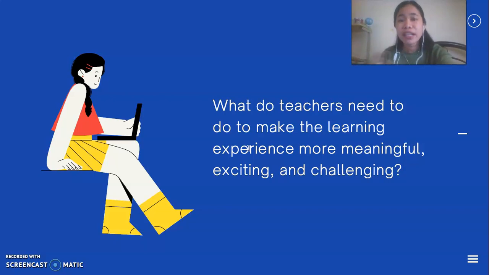Okay? Unlike if the students are involved in different activities, well, we can assure that the quality of education that we provide to our learners is effective enough. So we need to what? We need to prepare a lesson. We need to design a lesson that is more than what is expected of us. Okay?